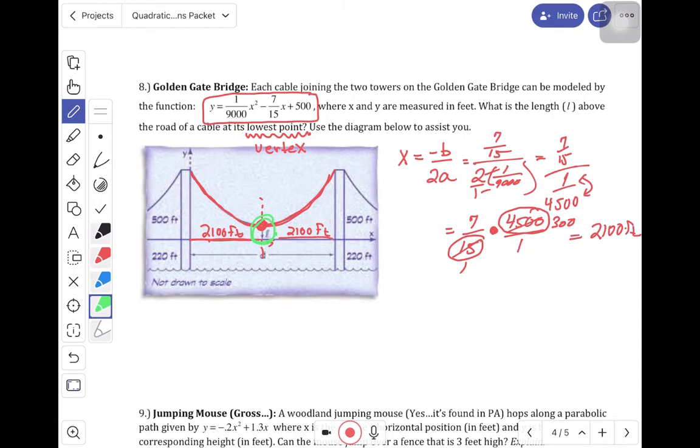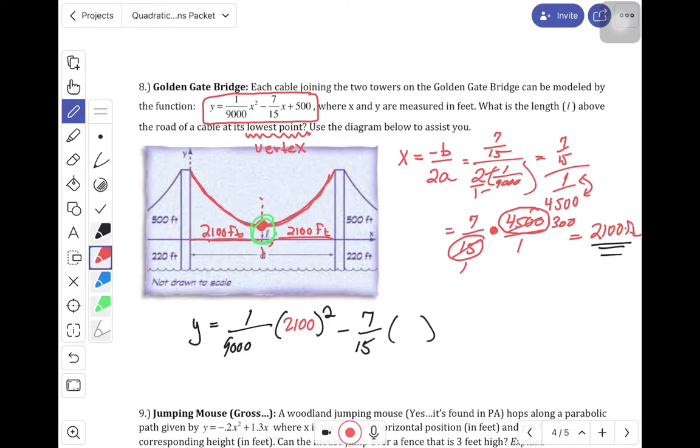So again, to find that actual minimum value, we're taking our function and we're going to let our x equal 2100. So we have y equals 1/9,000 times x squared, so that'll be 2100 squared, minus 7/15 times 2100, plus 500.